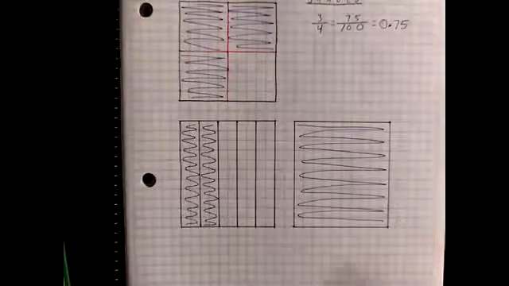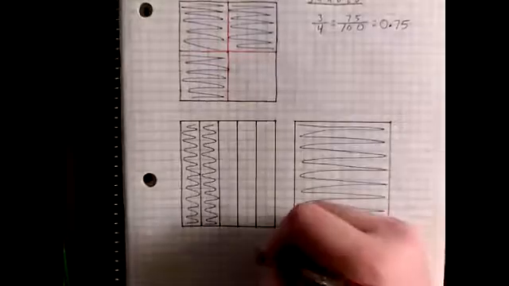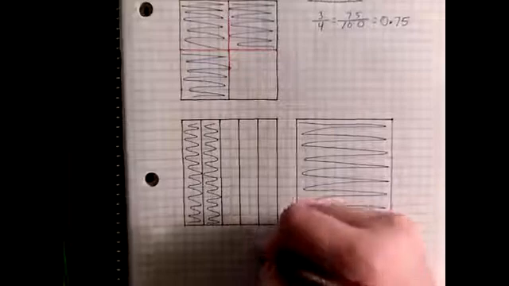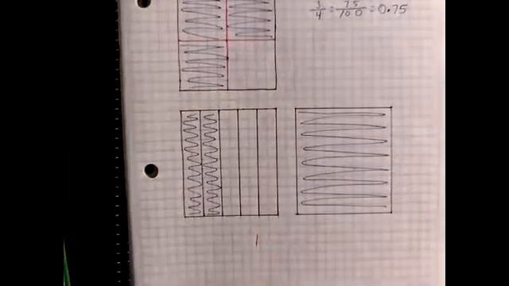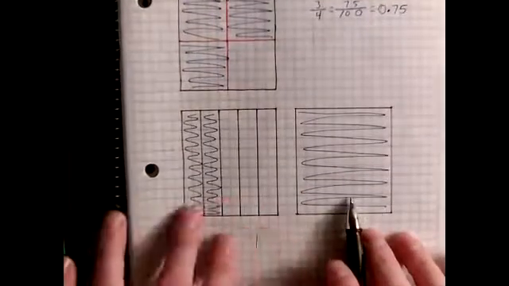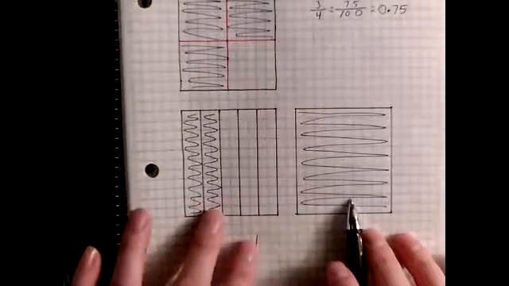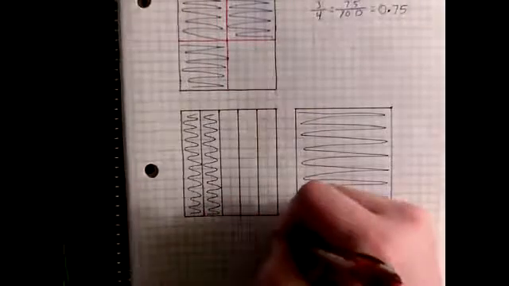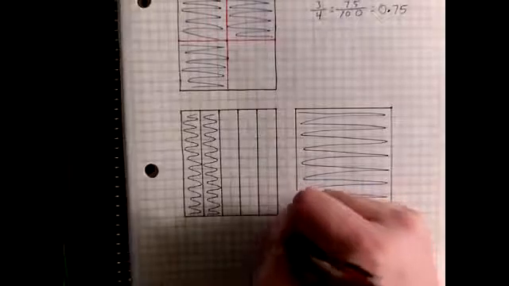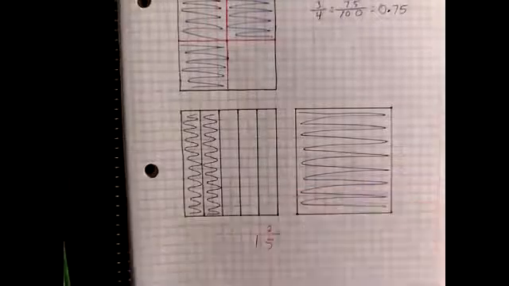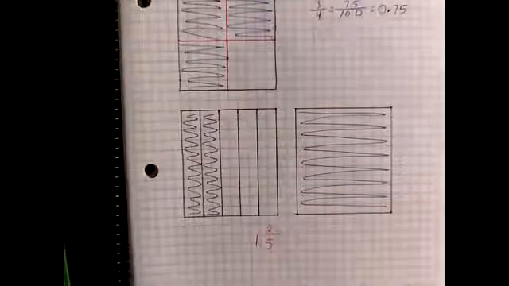All right, so I have 1 whole. Would you agree that I have 1 whole? And then what do I have here? 1, 2, and I would have 2/5. So I would have 1 whole, and I would have 2/5.